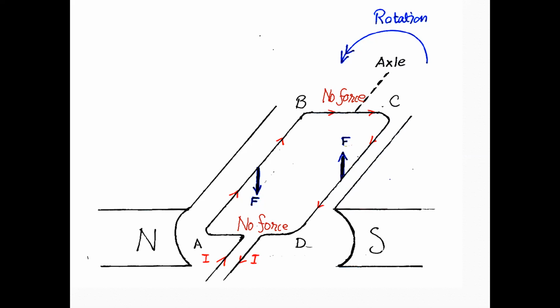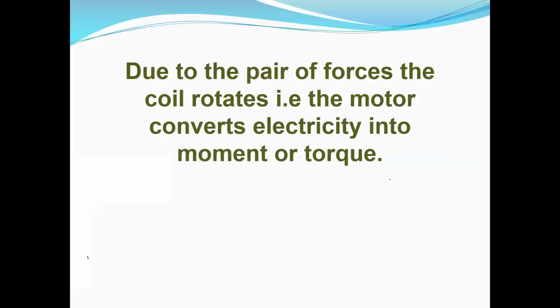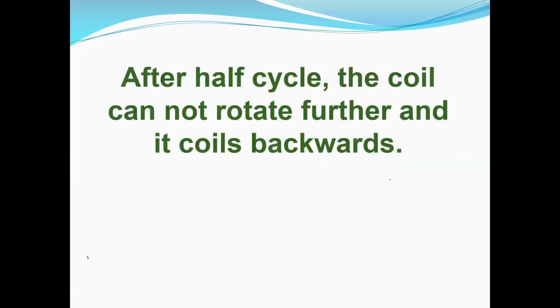Okay. So two concepts to come again: the motor is working on the principle of the left-hand rule. It is like a bicycle. When you put two pedals, two forces act, and the motor coil rotates. After half a cycle, the coil cannot rotate further and it comes backward.